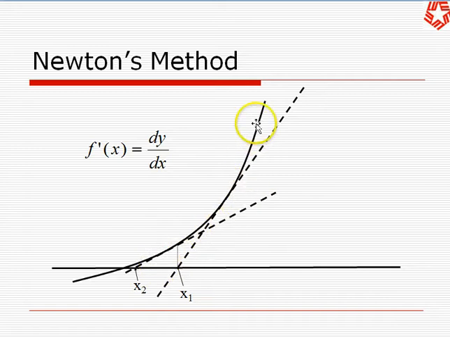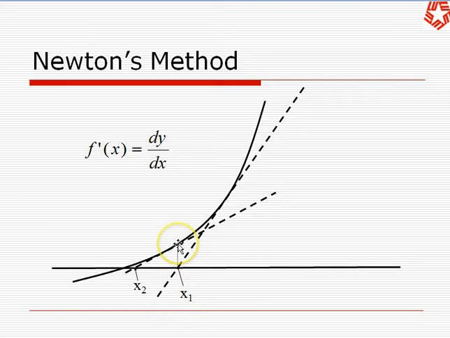What we're going to try to do is, say for instance we start this computation at this point here, then the derivative of the function at that particular point intersects the horizontal axis at x1.